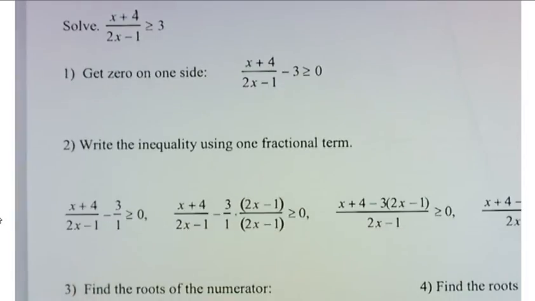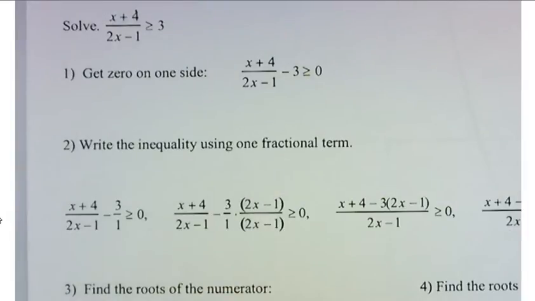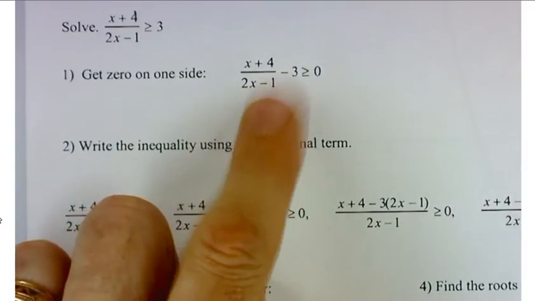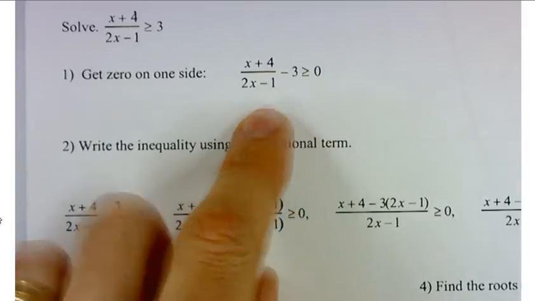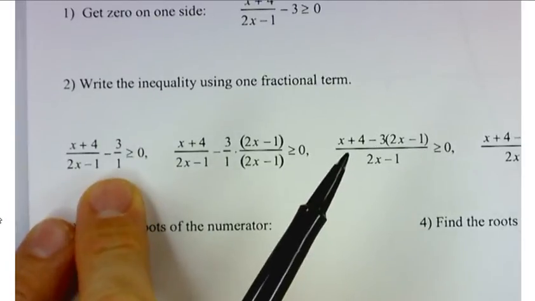So just like our work with polynomial inequalities, you got to get 0 on one side. But then there's a little extra step that, I'll say off mic, I've never actually made people do on an exam. But you have to write this as one expression with one fraction. So what that would mean is getting common denominators.